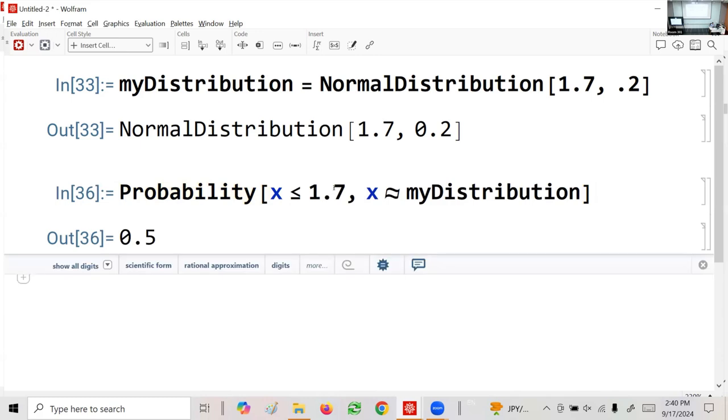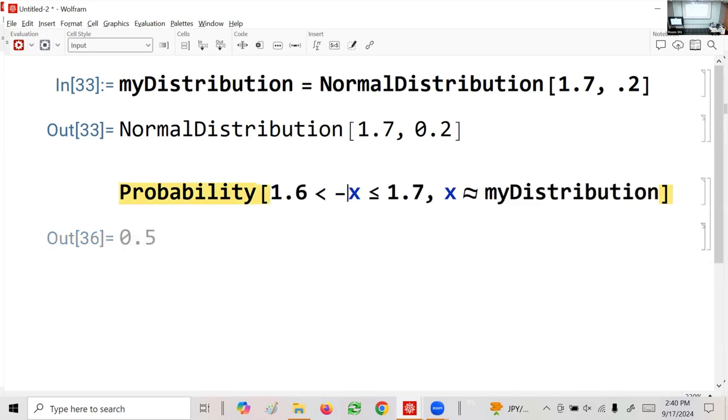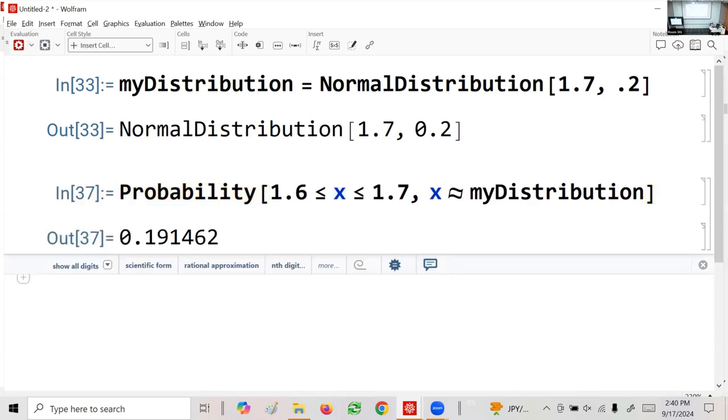What if you want to sell a t-shirt for someone that's between 1.6 and, okay, you want to know how many people, or what proportion? About one fifth.